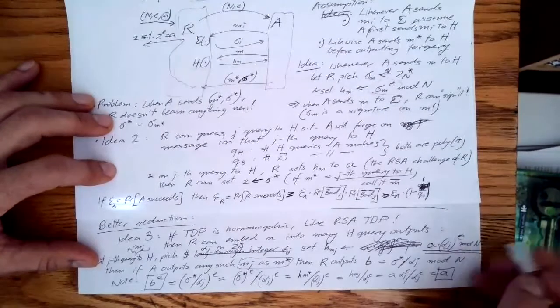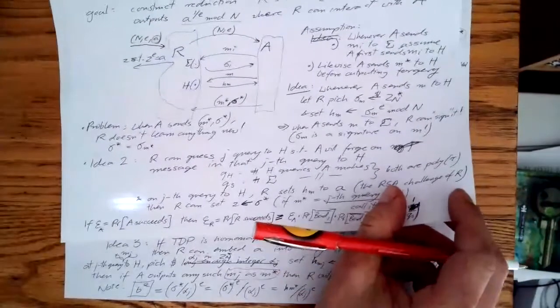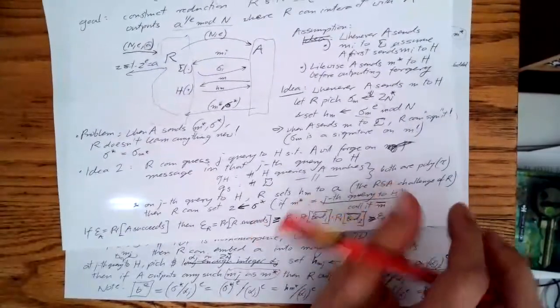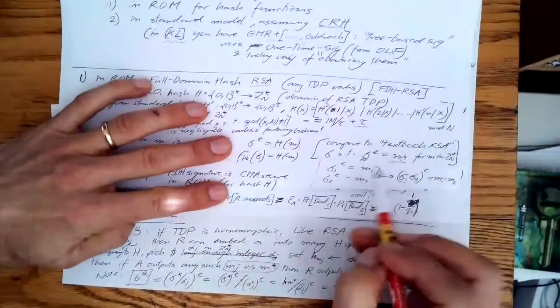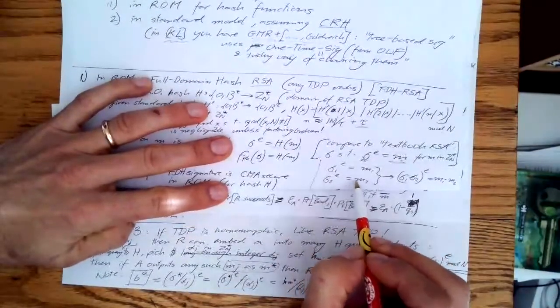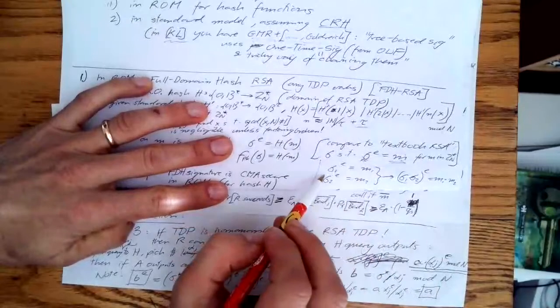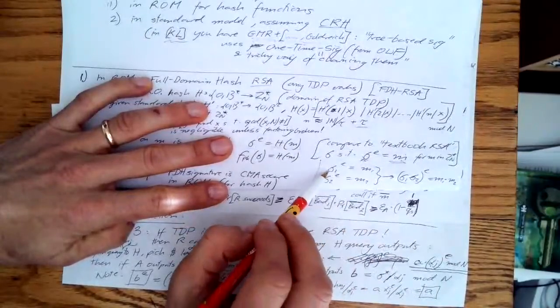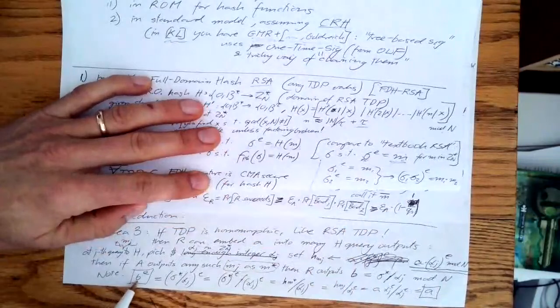This is the homomorphism that was used. I had A as a value of the TDP on some point sigma, which I want to find. That is my challenge.